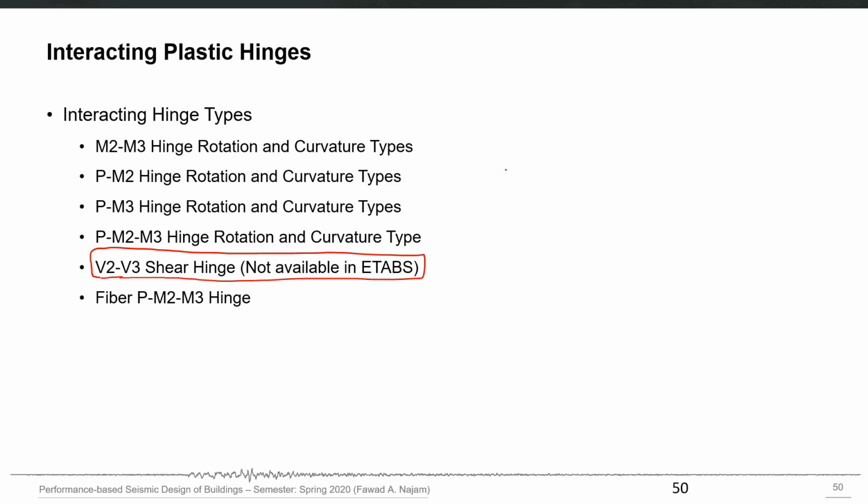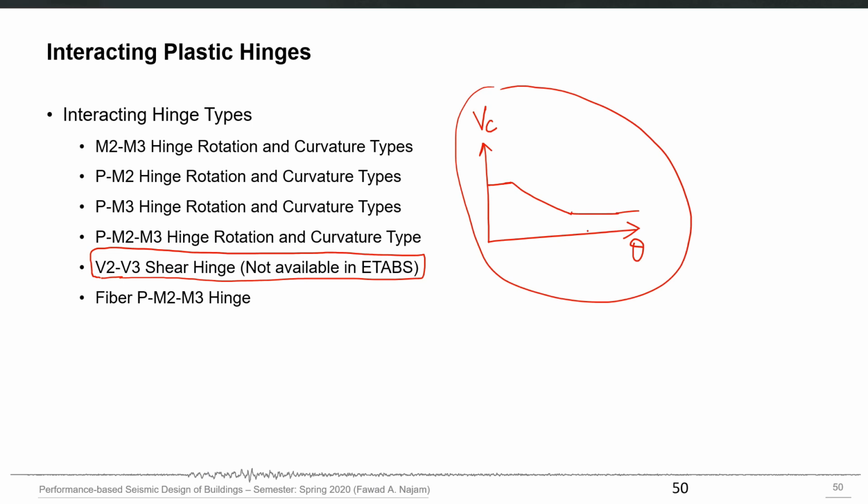For example, the level of plastic deformation theta can also affect the shear capacity, for example Vc. We know that at lower levels of plastic deformation or flexural deformation, the Vc remains the same, but then it reduces with the level of flexural deformation, and then again maybe reaches some residual value. This interaction between flexural deformation and shear capacity is also currently not available in ETABS.